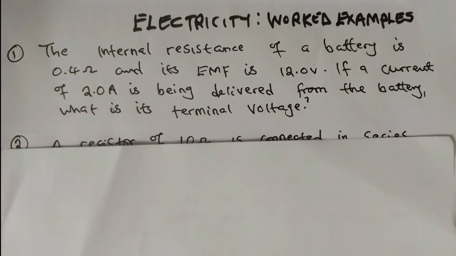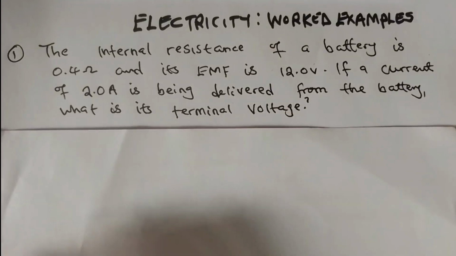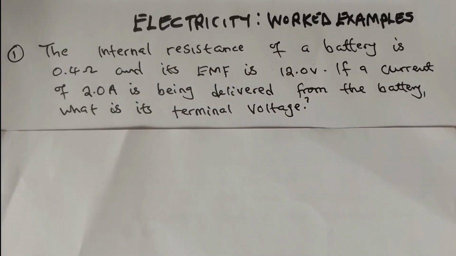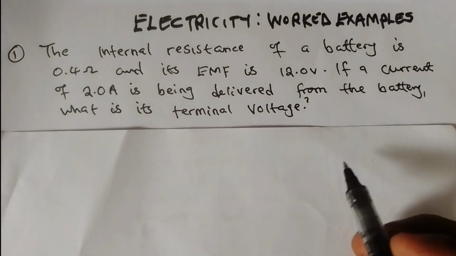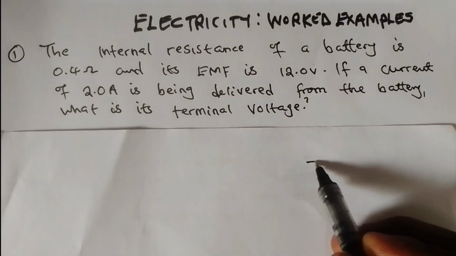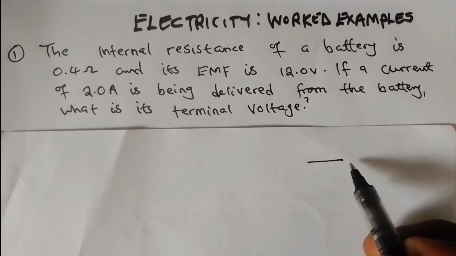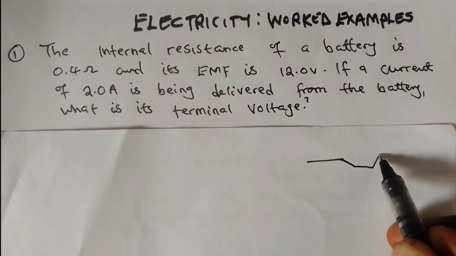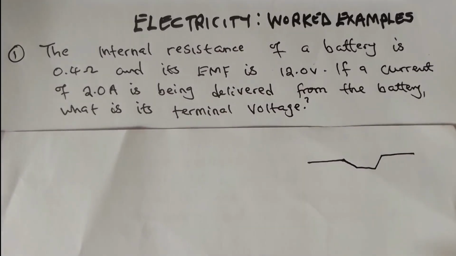The way you solve this question is simple. To give you some clarity on internal resistance, imagine a line that goes like this, then like that, and then upward.